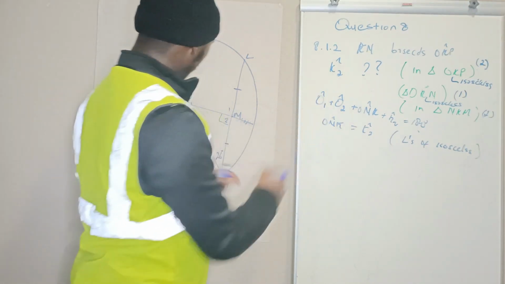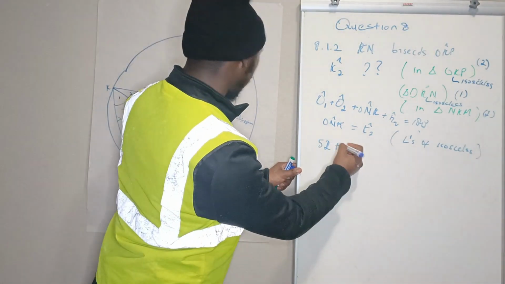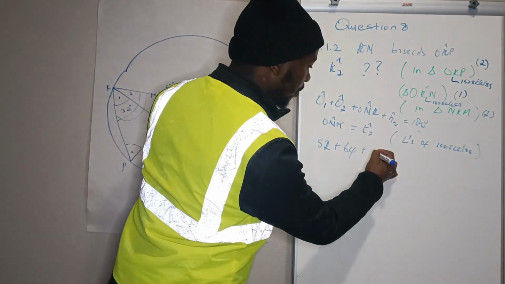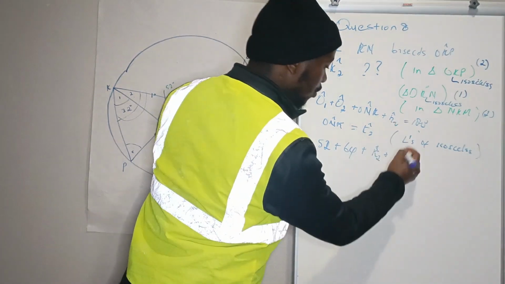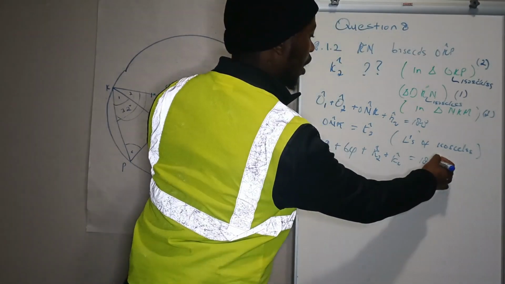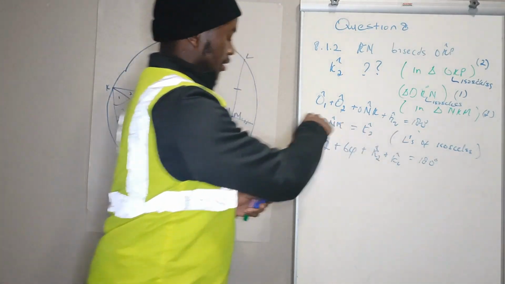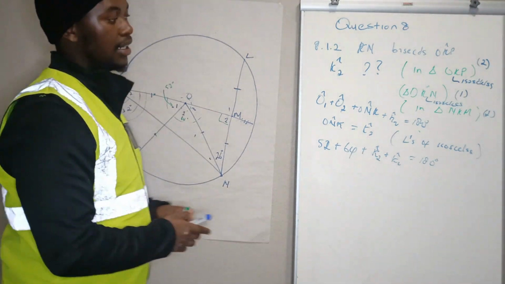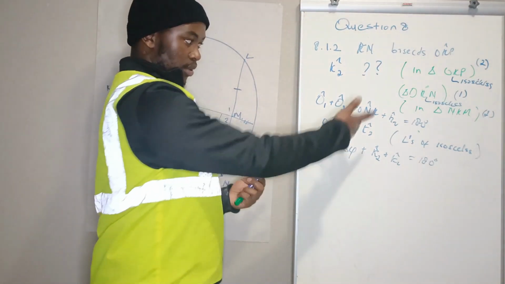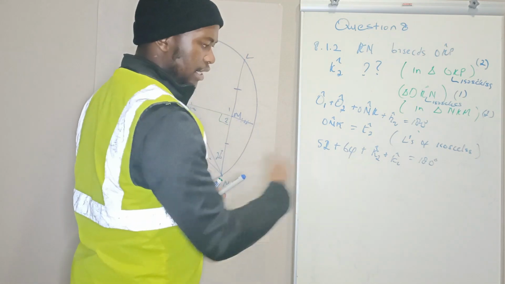So in this value here, we know that the value of O1 is 52 degrees, plus 64 for O2, plus ONK, which is K2 plus K2. Then this all sums up to 180 degrees. We need to also put the reason in there that we are summing the angles in a triangle, and those angles need to sum up to 180 degrees. So angles in a triangle, please don't forget that. So K2 plus K2 is 2K2.